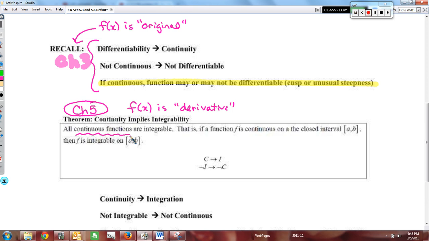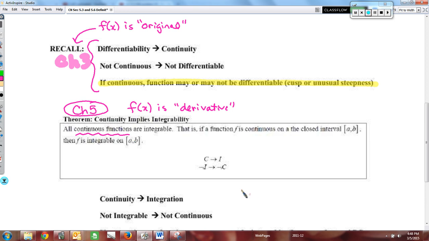Because if the derivative itself is continuous, the derivative exists for all values, and if the derivative exists for all values, then the original function was differentiable. So the derivative function that I have can be integrated to work backwards.